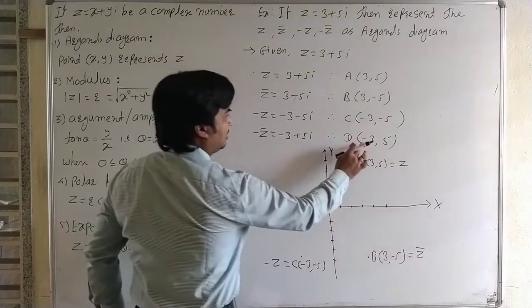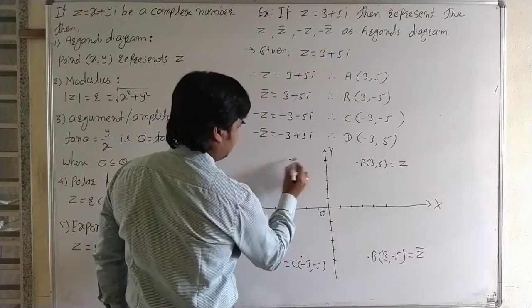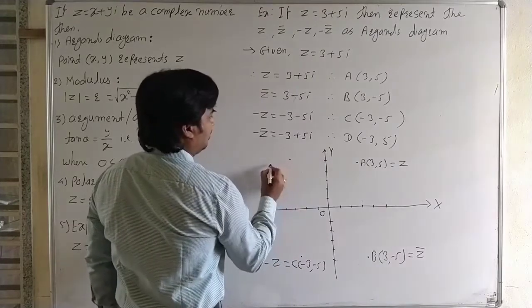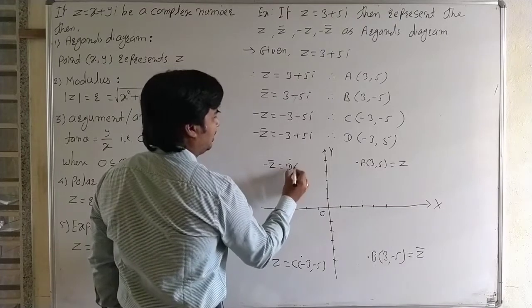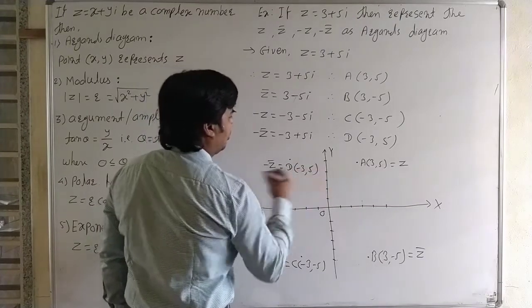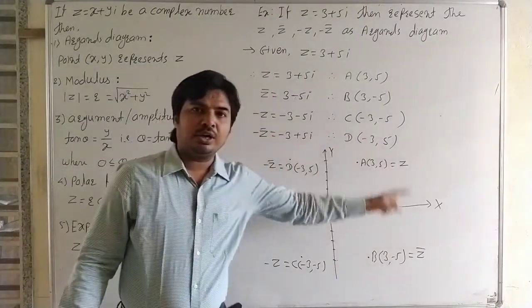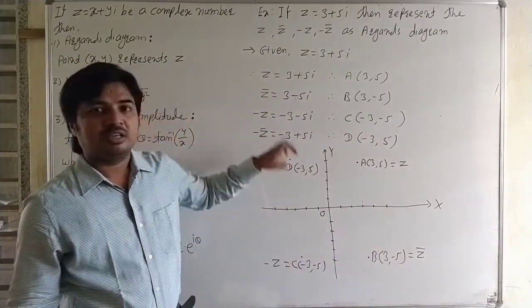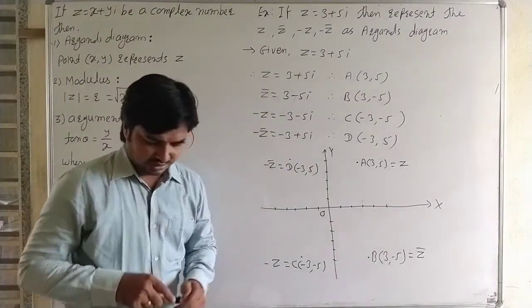And last, minus 3 and 5. This is minus z bar, point D, minus 3 comma 5. This is the representation of a complex number as a point in a plane, and it is called the Argand diagram. See carefully. Now we see the next example.